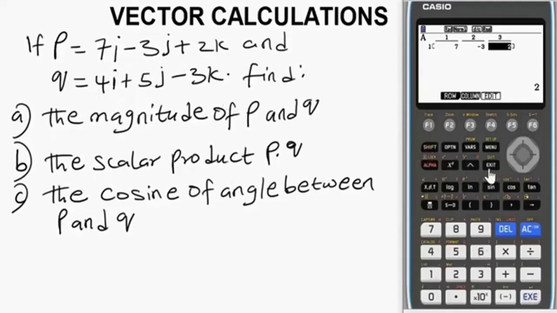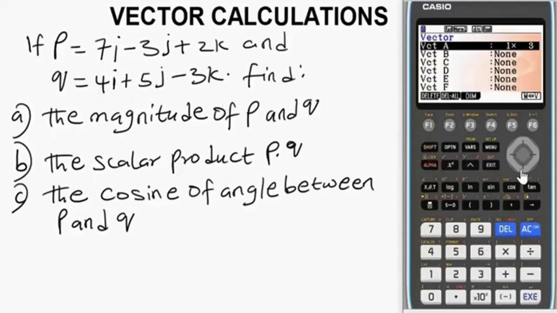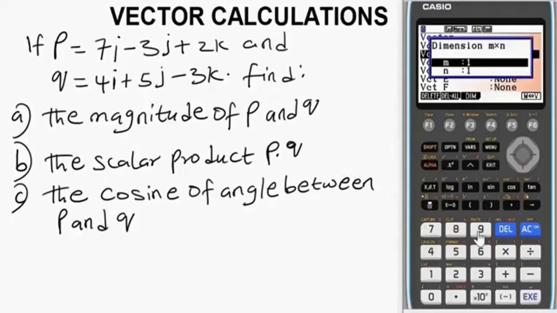Press Exit. Now for vector Q, which is our vector B on this calculator, the dimension is still 1 by 3. Given this question is not having a K unit vector, just i and j, it would have been 1 by 2, but since it's having i, j and k, it's 1 by 3, a 3-dimensional vector.